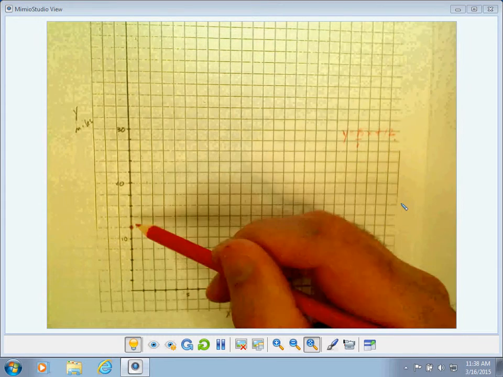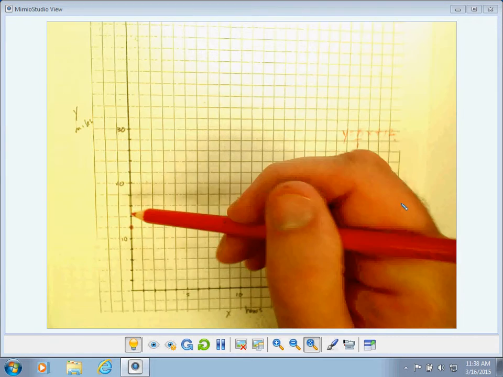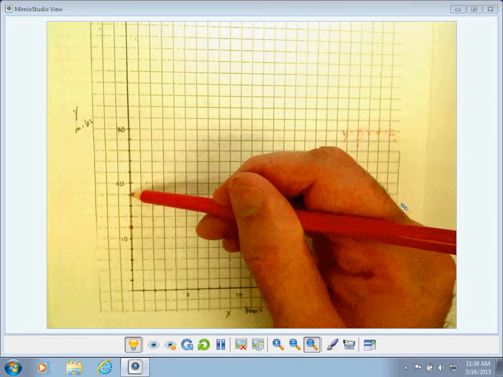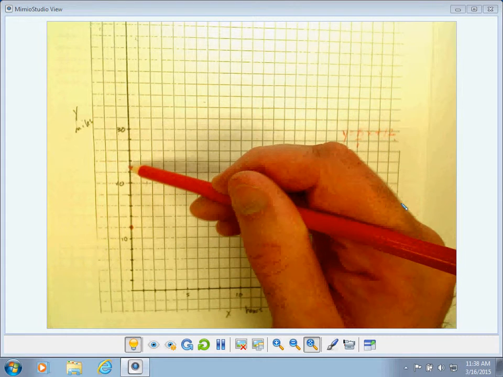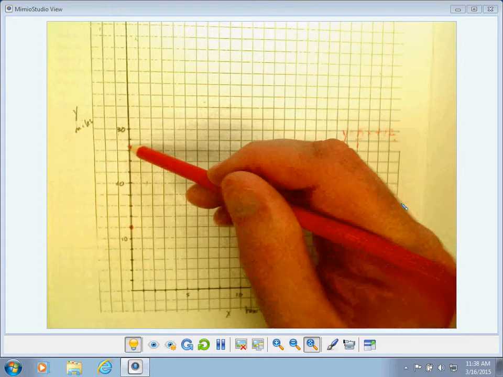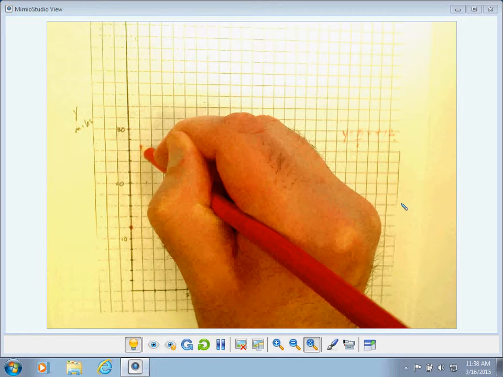So from the 12, I have to go up 15 and over 1. I'm thinking that's 2, 4, 6, 8, 10, 12, 14. Up another one would be 16, so right in here, up 15 and over 1. That graph is going to be right here.